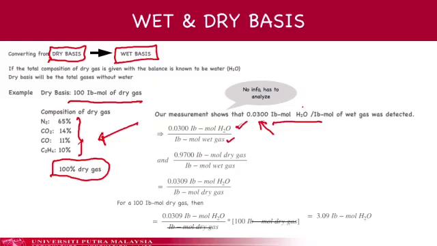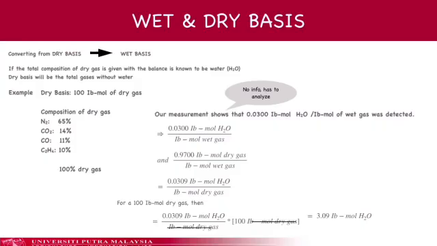That is the information that we have. We also have the information that if we have that amount of water, then making it 100% on wet basis, for 1 mole of wet gas, we will have 0.97 pound mole of dry gas only.